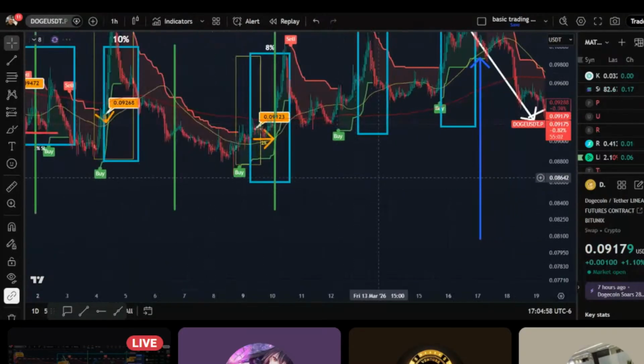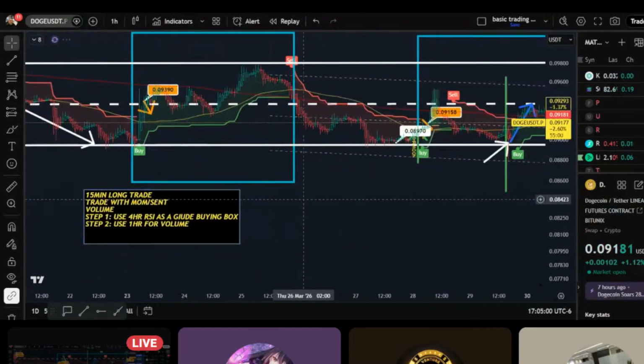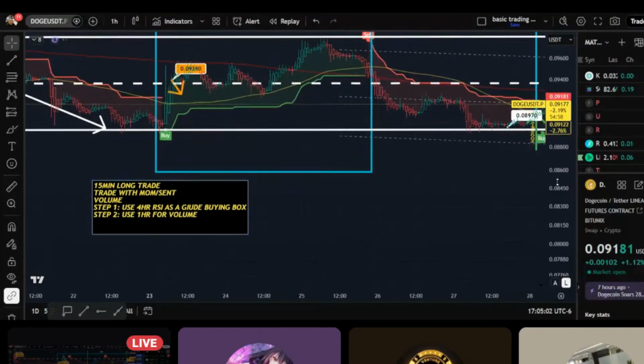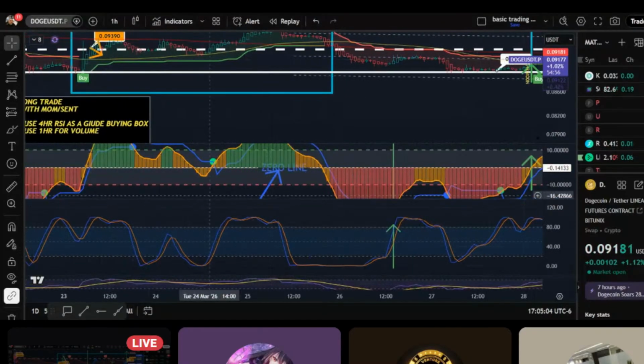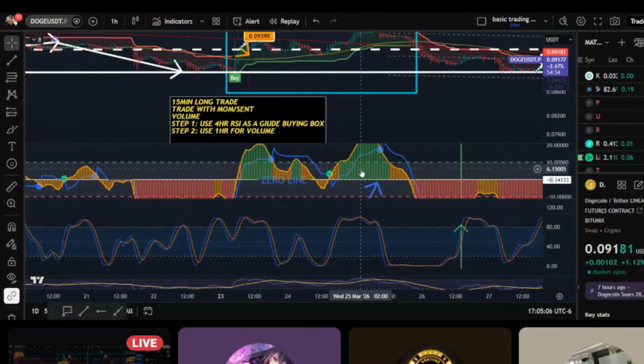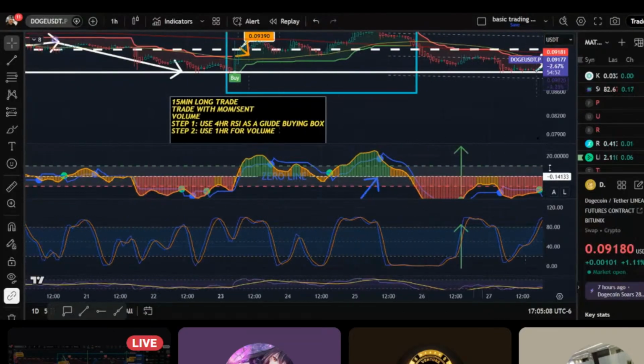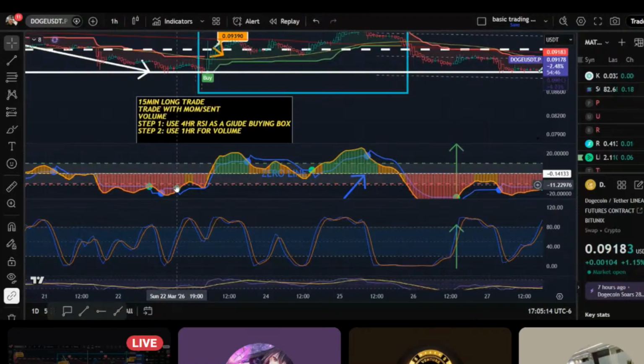When we do that, we're going to use the 1-hour as a guide for an entry, right? Normally what we like to do when we use the 1-hour is have a 1-hour green moon, right? You can see down here, here's your 1-hour green moon.